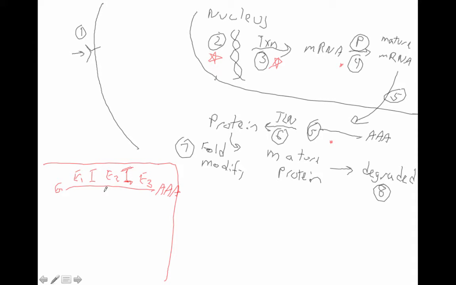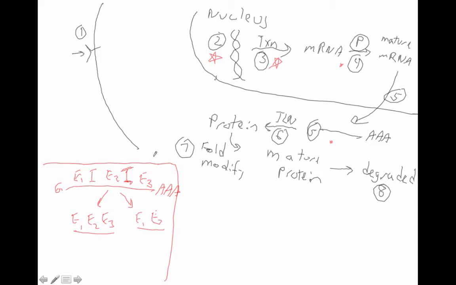All right, remember we said because of alternative splicing, we could make 2 mature messenger RNAs from this. We could make one that has E1 and E2 and E3. Or we can make one that just has E1 and E3. They would still have the G cap and the poly A tail. I'm just not drawing them right now.